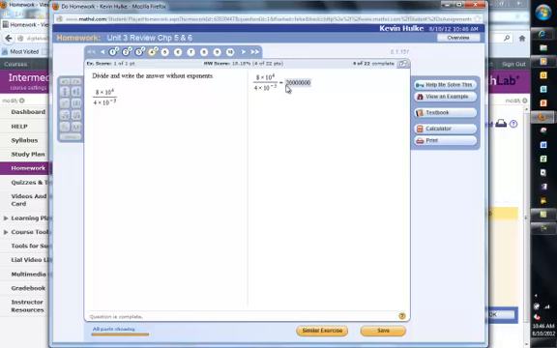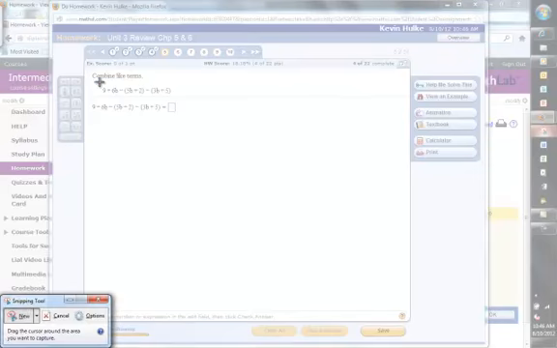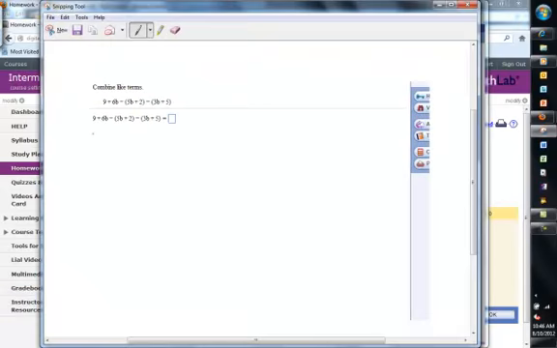Number 5. Combine like terms. I think I'm going to draw this one out. I like to do that on ones that are a little complicated like this. So we've got a 9 plus 6b minus 5b.